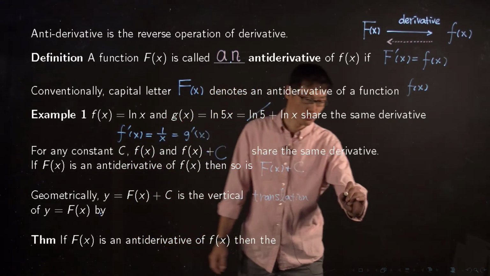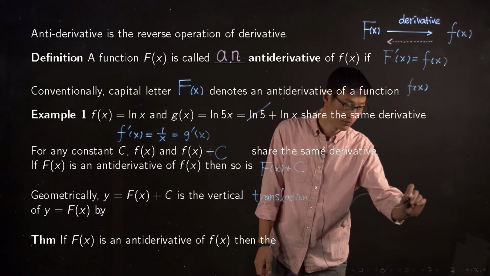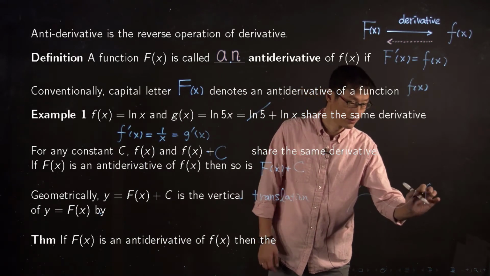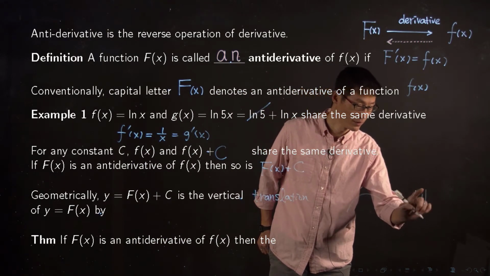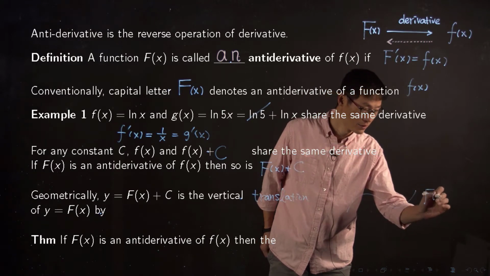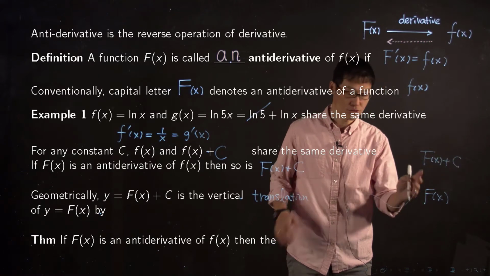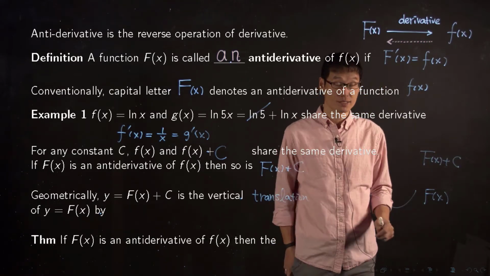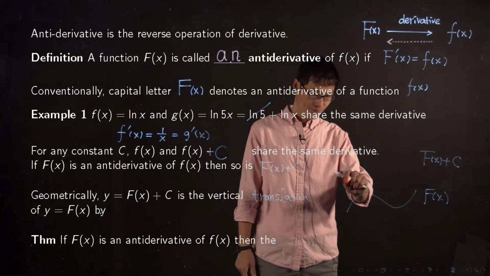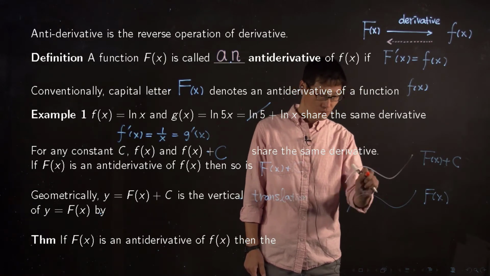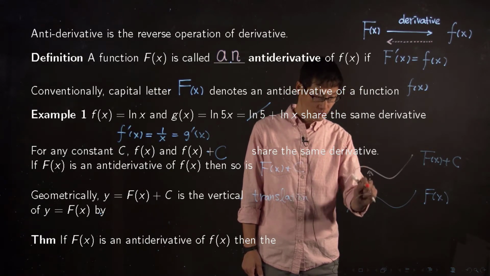So say you have a graph of f, then f of x plus c is just a vertical shift by c. So you are shifting by c.